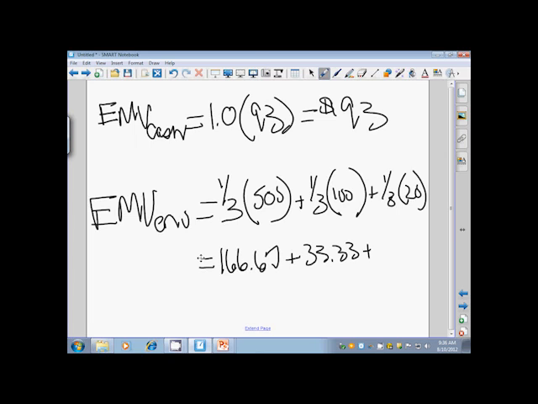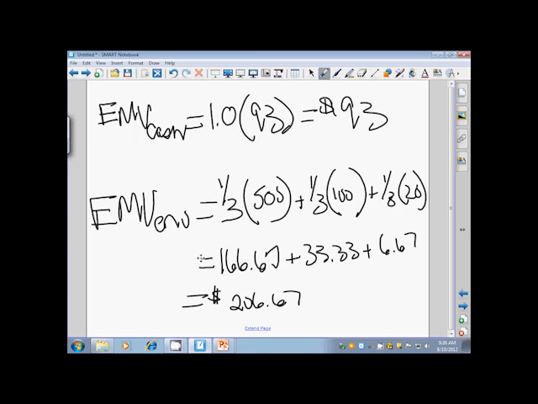And 1/3 times 20, or 1 times 20 and then divided by 3, is 6.67. If we then take all of these and add them together, we should have $206.67.